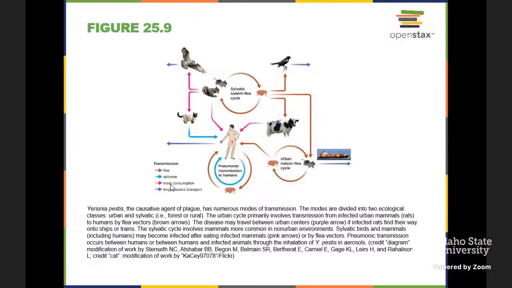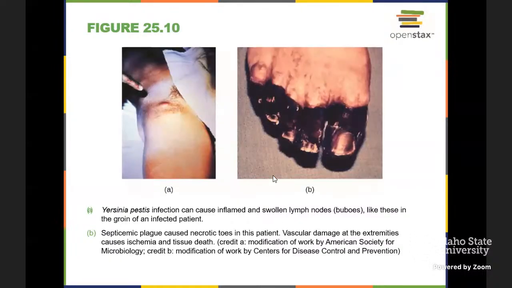So all sorts of other opportunities. And with the plague, there are numerous things we can think about: septicemic, bubonic, and pneumonic plague, different presentations. Pneumonic plague, bad news. The prognosis with that is very poor. So buboes, as we see here, those swollen nodes, are often characteristic when we think about Yersinia pestis.